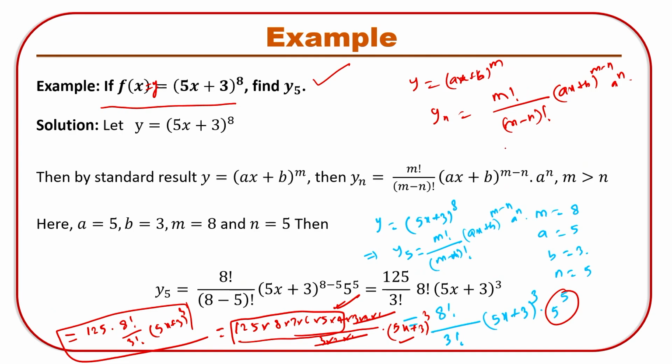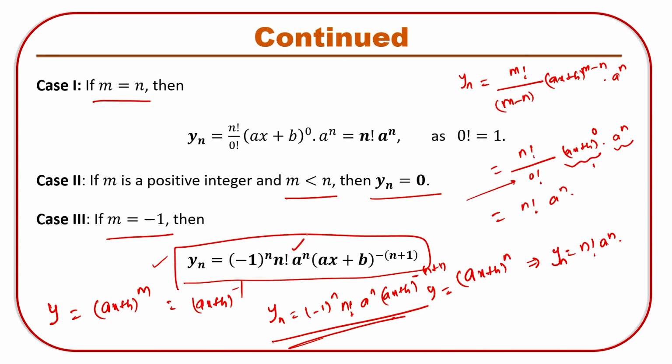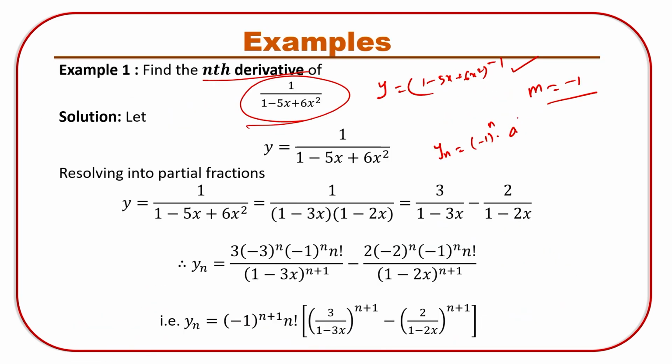So let me write y of n is equal to (minus 1) power n, into a power n, into (ax plus b) power minus (n plus 1), right?